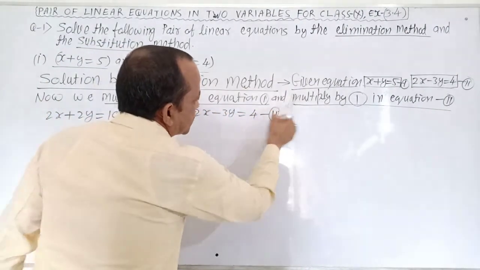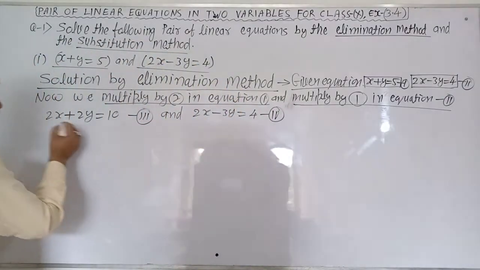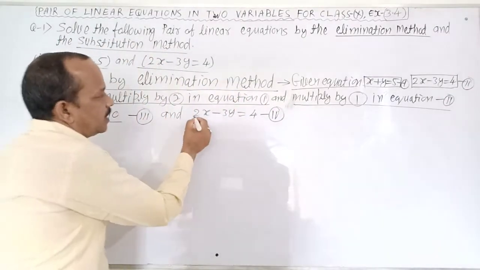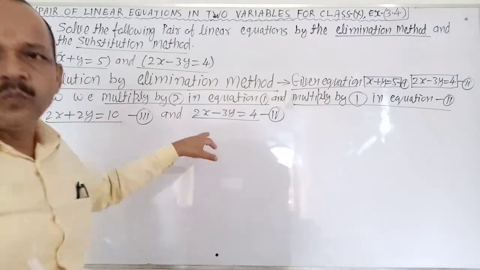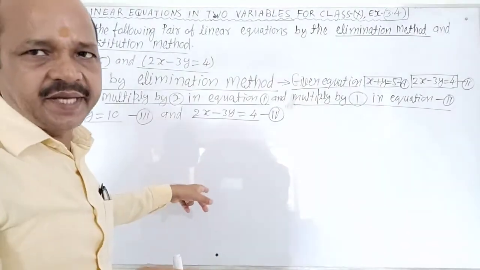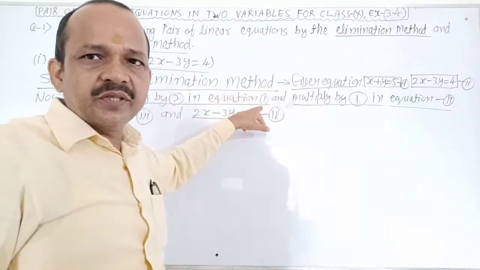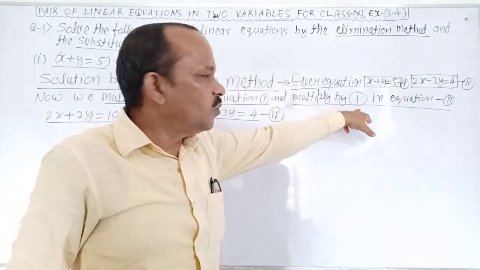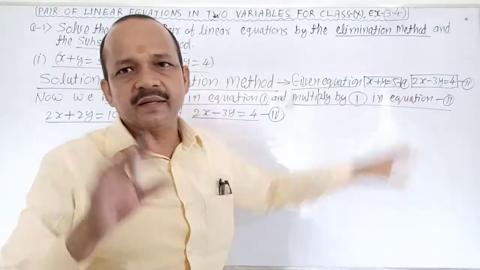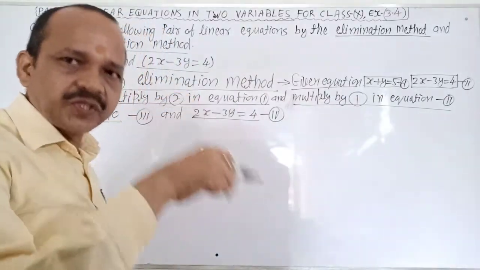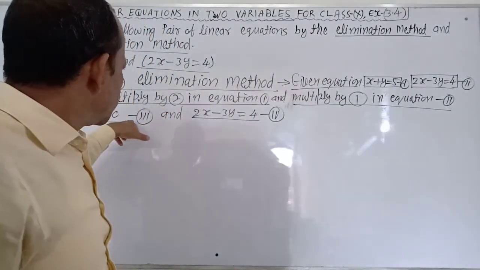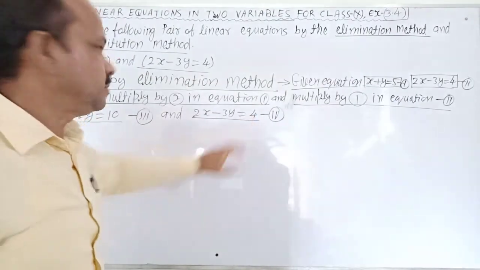It is equation fourth. You find equation third and equation fourth by multiplying by 2 in equation first and by 1 in equation second. Now subtract equation 3 and equation 4.